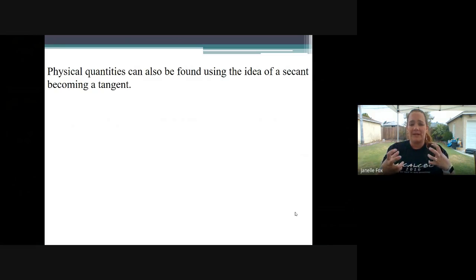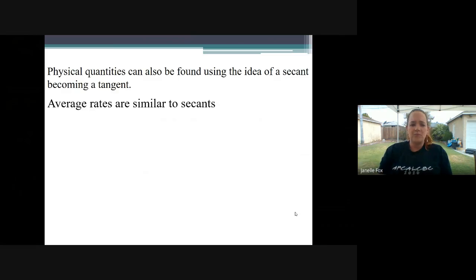This is an application of what we can use the slope of a curve for, where we're taking the limit of a secant slope. Physical quantities can also be found using this idea of a secant becoming a tangent. One of these connections is the idea about an average rate.